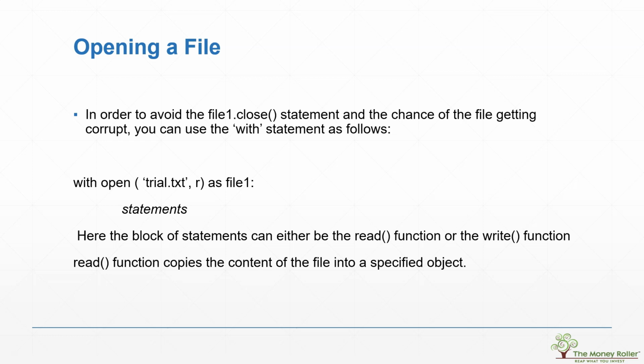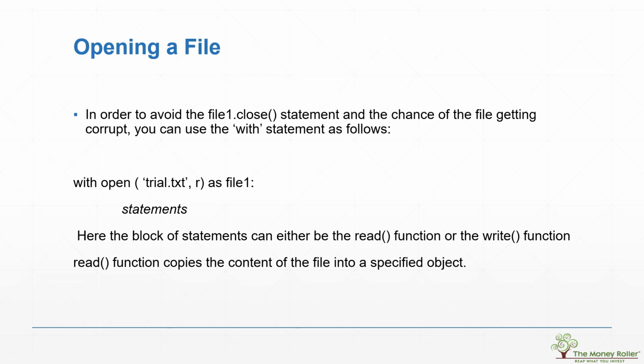So in order to avoid that risk, commonly people use the with statement along with the open statement. What this with statement does is it will run that block of statements with the open file. As soon as the block of statements is done, the file is closed. Then you have to write with and open it again if you want to do anything else with it.